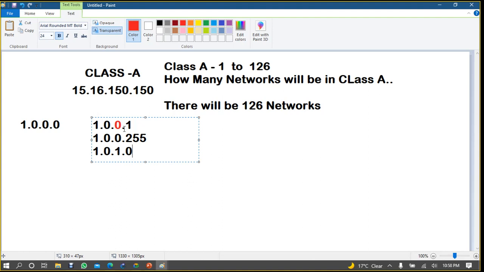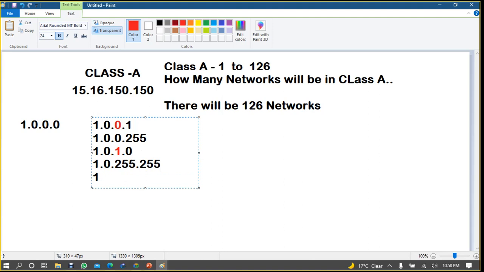Okay. Now, if I want to make this 1 a 255, you have to write like this: 1.0.255.0.